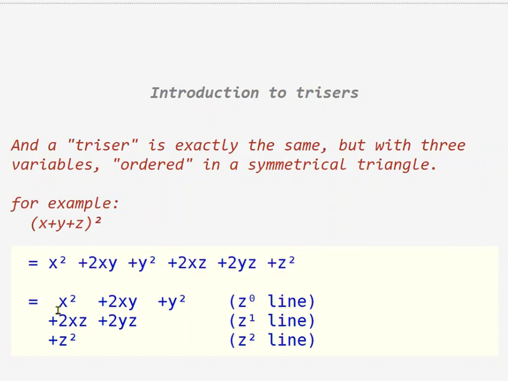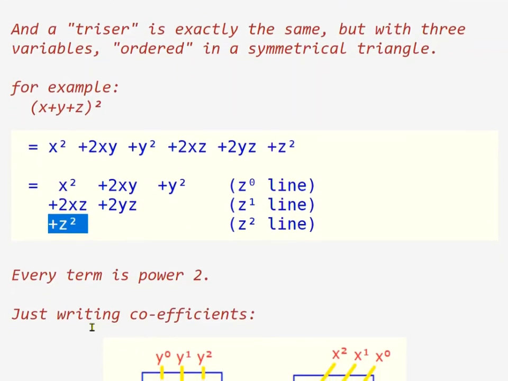But when you order them into a triangle like this, first of all the terms with no z, order them like a Biser: x squared plus 2xy plus y squared. And then the z terms, 2xz plus 2yz, and the z squared terms underneath, z squared. So every term is a power of 2.